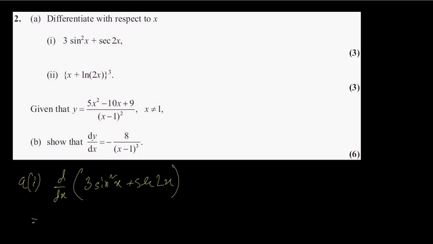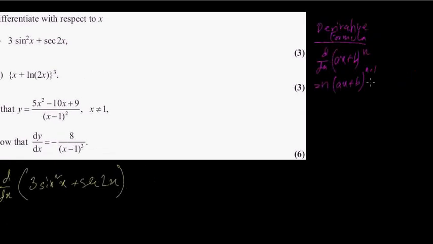Now in order to do this sum, what we have to know is the derivative formula for d by dx of (ax plus b) to the power n. So the power comes first, then we write (ax plus b) to the n minus 1, and then we do the chain rule, d by dx of ax plus b.